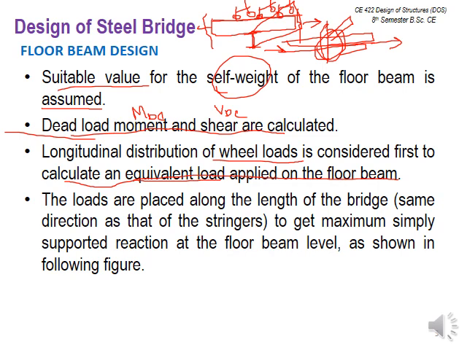That will be called the lateral distribution of the live load. So the loads are placed along the length of the bridge, the same direction as that of the stringer, to get maximum simply supported reactions at the floor beam level, as shown in the following figure. The same figure in more elaborated form you can see in the coming slide.